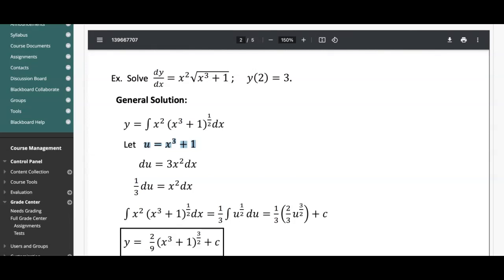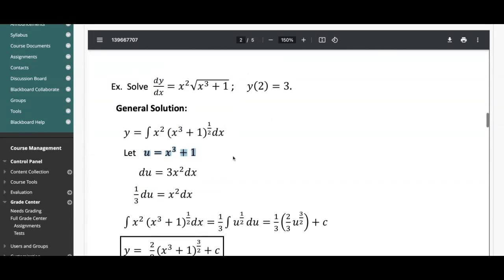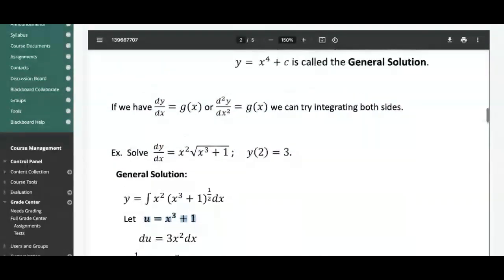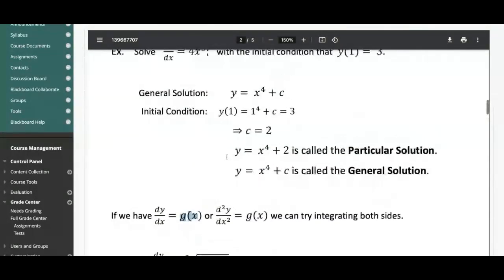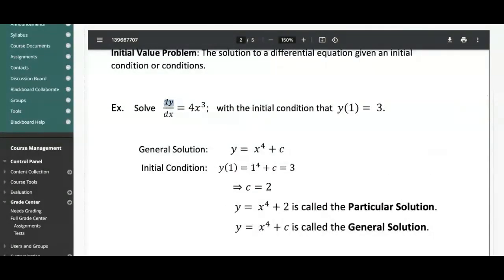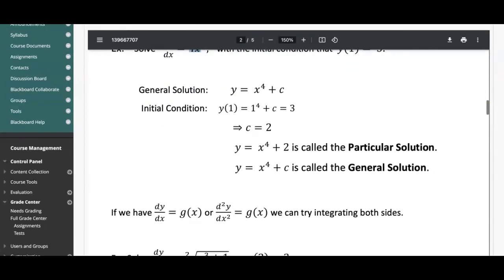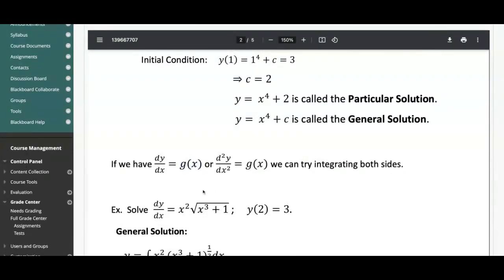What does g of x represent here? Oh, g of x is representing any function. Just saying like this, g of x is representing a function. Let's see this one. You see dy/dx equals 4x cubed. So 4x cubed is a g of x. Okay, so g of x represents any function.